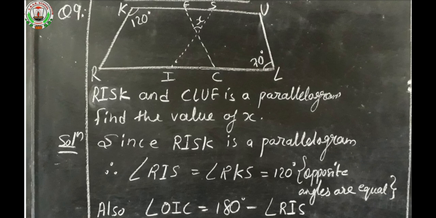Angle OIC. O, that means where the x is, isn't it? There O will be marked. Okay. So angle OIC is equal to 180 degrees minus angle RIS.